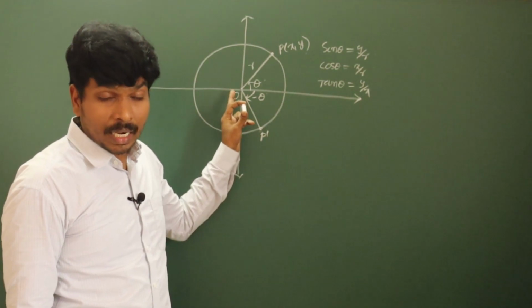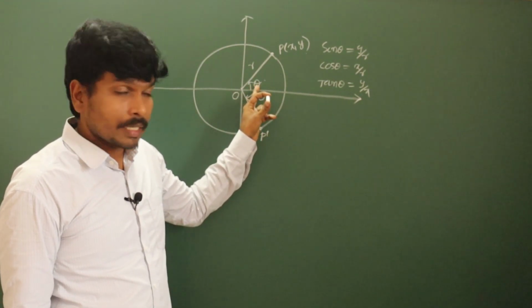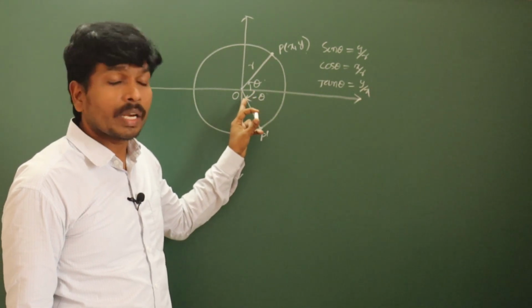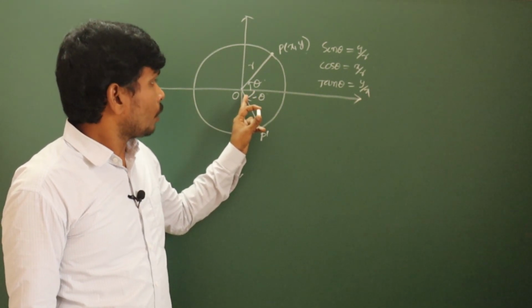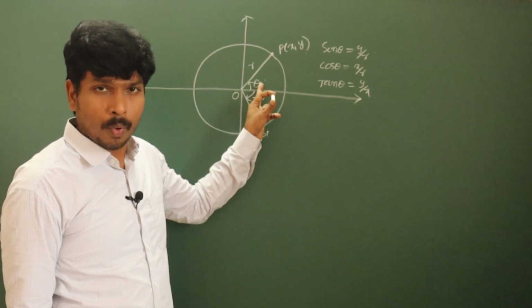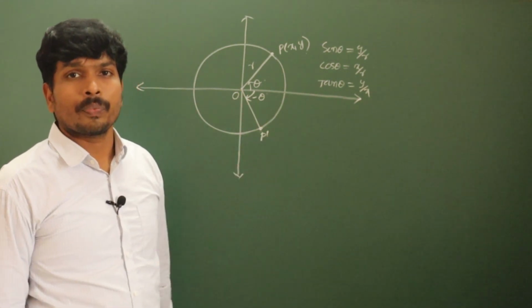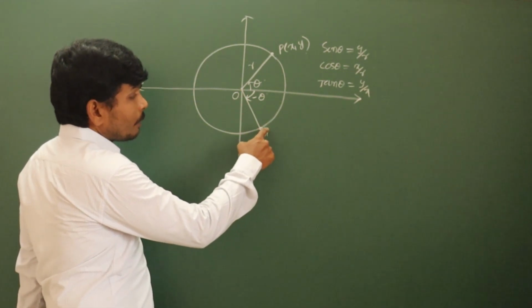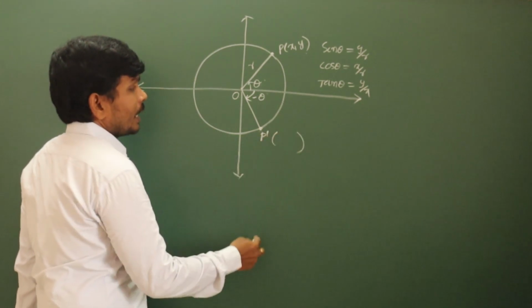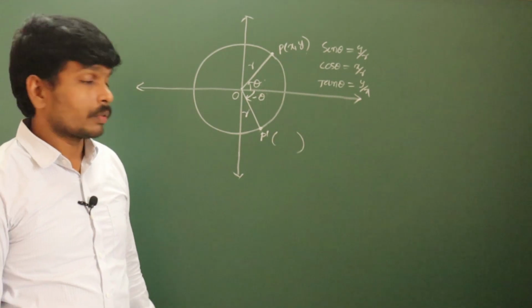How to construct it? Here suppose you are taking 30 degrees in anti-clockwise; in clockwise, here also you take 30 degrees. Now it is in the anti-clockwise direction, that's why it is positive, and it is in the clockwise direction, so that's why it is negative. Now you find out the P dash coordinates, then your problem is over. Yes or no?